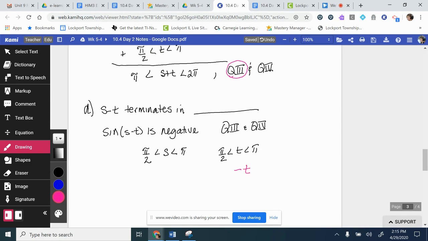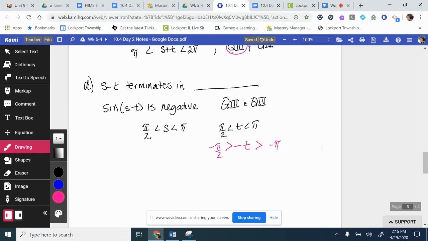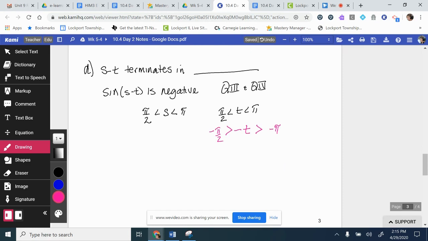Which means when I do that, everybody's sign changes because I'm multiplying everybody by a negative 1. But then my inequalities also have to change. And that looks a little funky, so I'm going to rewrite it so that it matches this here.